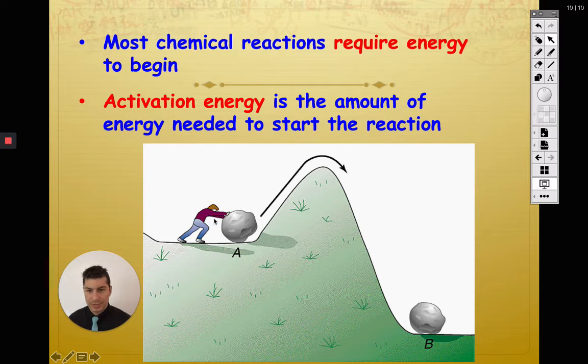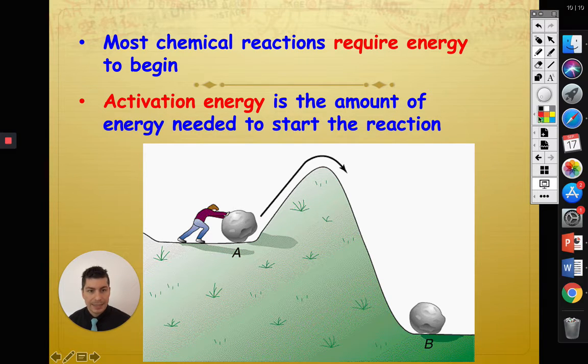So picture this guy going up the hill, and the graphs that we're going to do look exactly like this. If this person is trying to push this rock up the hill, let's say that they don't get it all the way up the hill. Let's say they get the rock to here. If they only get the rock to here, it is not going to go up and over.